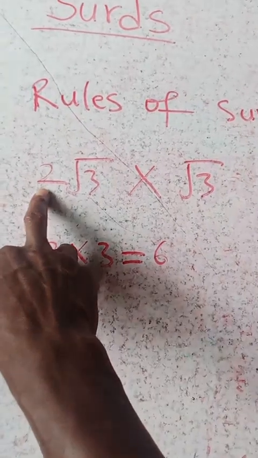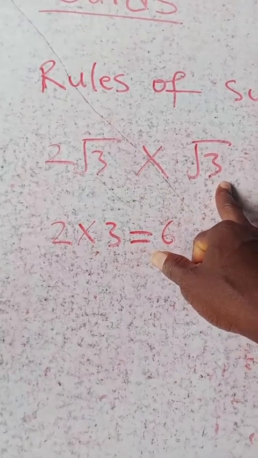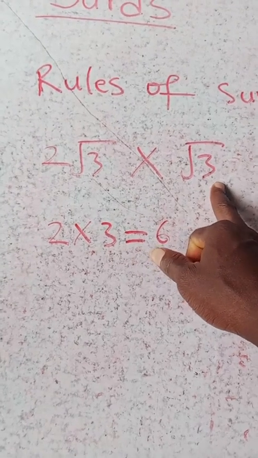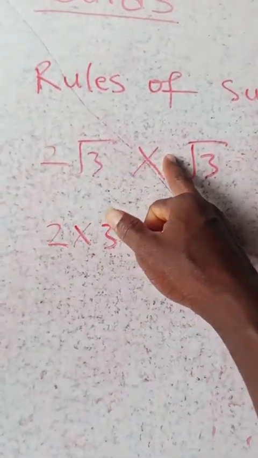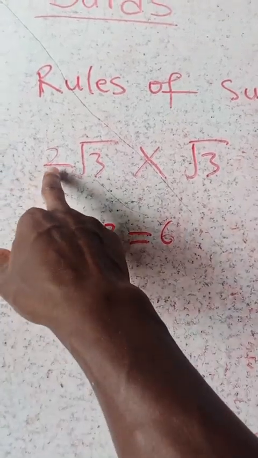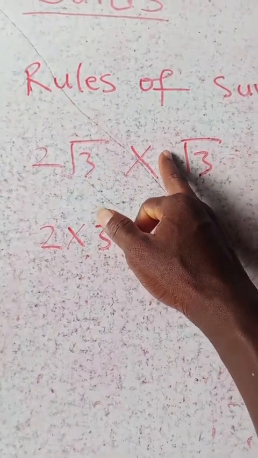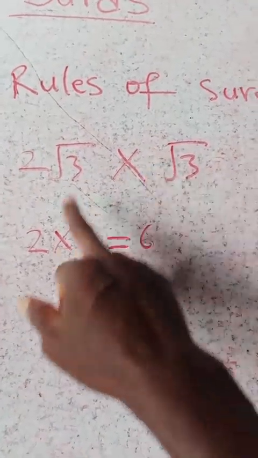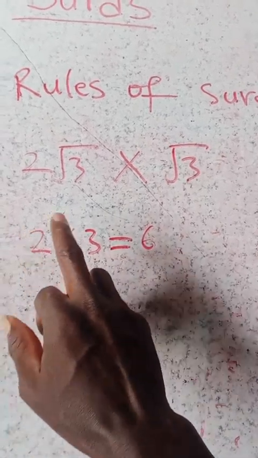We said here 2 root 3 times root 3. What you are going to do first is to multiply. In any multiplication, consider the sign first. The signs are positive here, positive here, so plus times plus is plus, an invisible plus. Then the next one is numbers. This number is 2. There's no number here, but we assume an invisible 1. So 2 times 1 is 2. Then the next one is the roots.